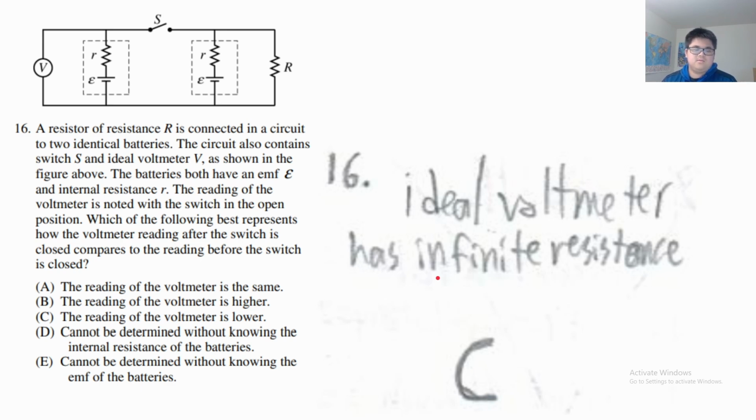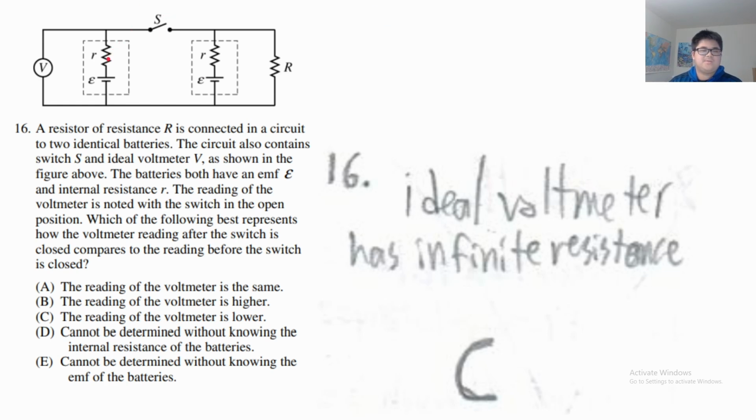Basically, the reason why the answer is C is because, for one, an ideal voltmeter has infinite resistance. Of course, it's impossible for something to have literally infinite resistance, but the ideal voltmeter just has a ton of resistance. Before the switch is closed, we basically have two circuits.